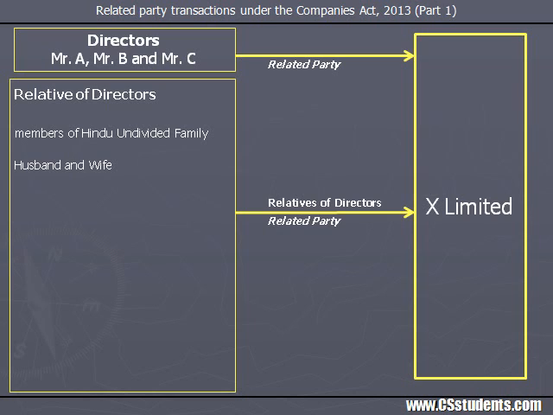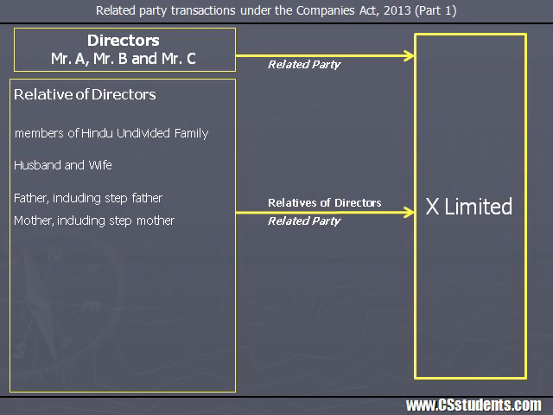Accordingly, MCA has prescribed the Companies Specification of Definitions Details Rules, 2014. Rule 4 of these rules provides the extended definition, and, as per this definition, the term relatives means father, including stepfather. So is mother, including stepmother.